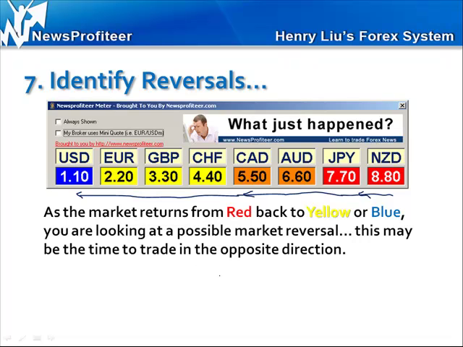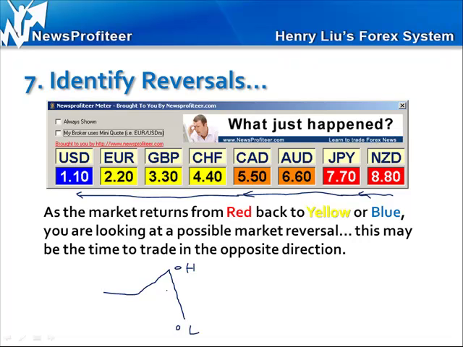Because remember, the daily range, okay, this is the high end of the range, right? And this is the low end of the range, okay? The market goes too high and it is red. When it comes down to the middle, it is around the yellow area. And when you get close to the lower end of the range, that's when it starts to turn blue.